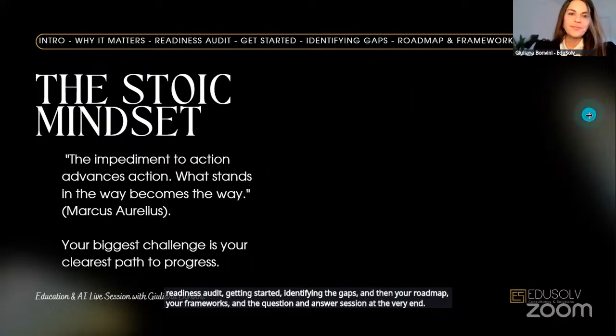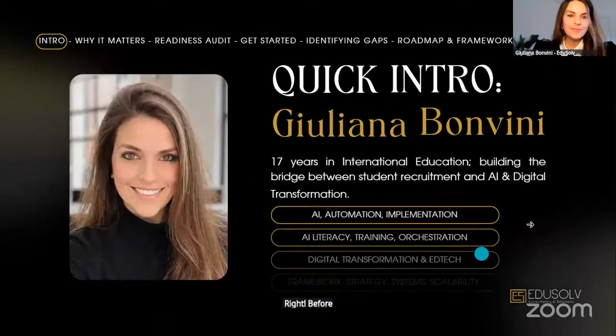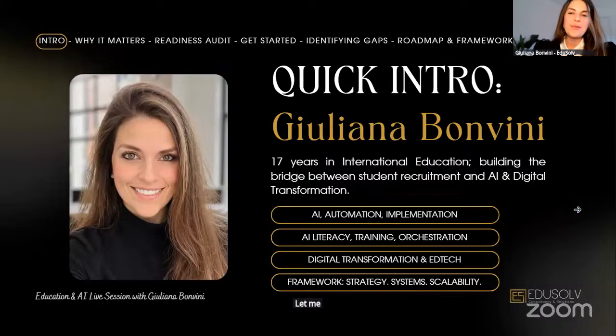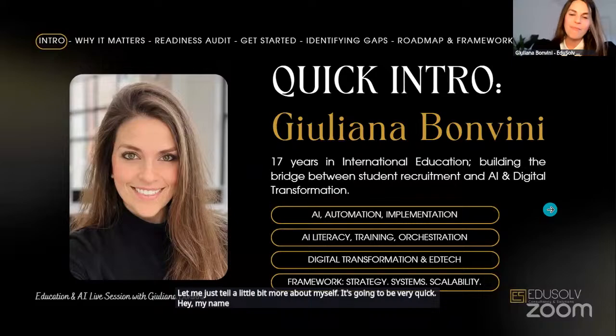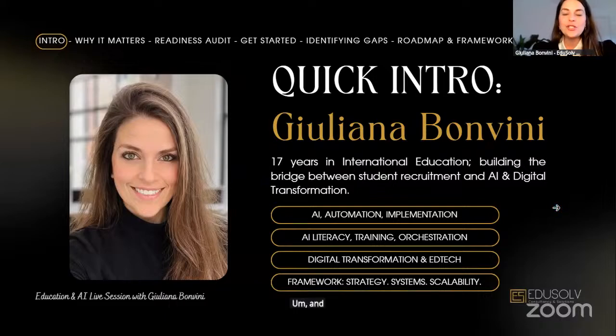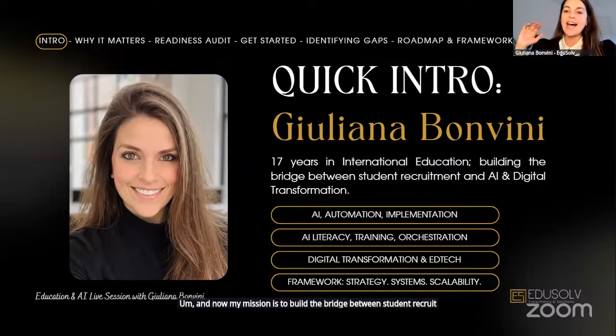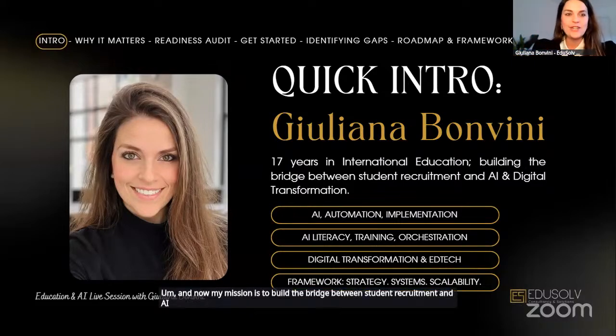Right. Before we start, let me just tell a little bit more about myself. It's going to be very quick here. My name is Juliana, and I've been in the international education industry for about 17 years. And now my mission is to build the bridge between student recruitment and AI and digital transformation for institutions globally.